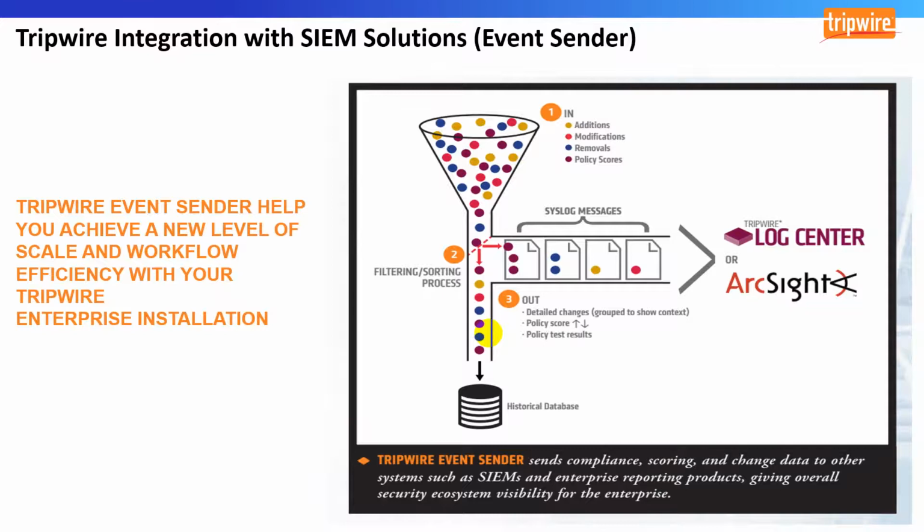Send me the data of the biggest score numbers in policy controls, give me the threat level of these machines, or send reports about changes or about compliance scores between 60 and 80. This is the kind of filtering we can give you to send to your SIEM solution.